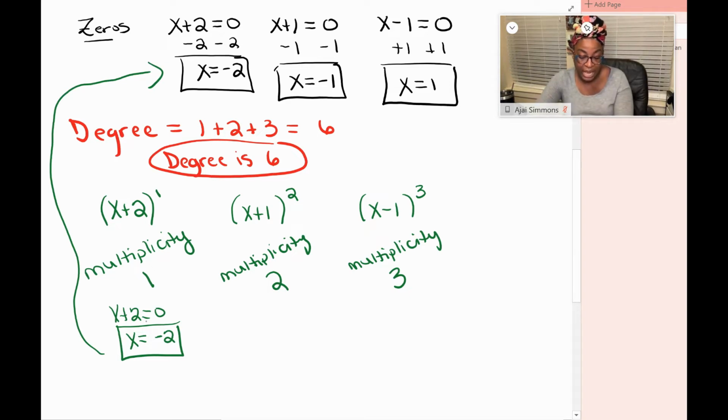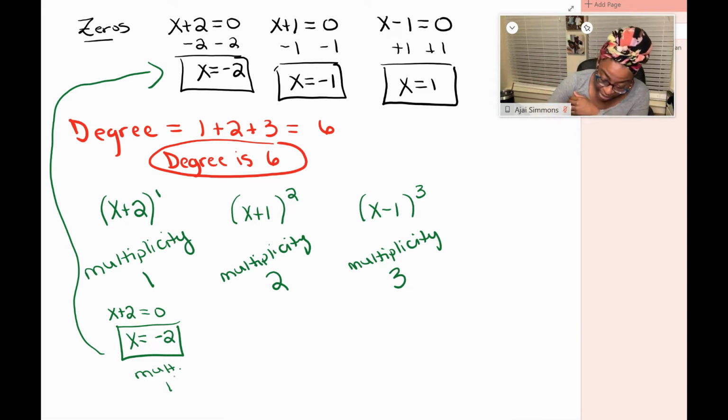Let me rewrite this x, because I hate the way I wrote it. If I set x plus 2 equal to 0, I got x is equal to negative 2. It's saying that the multiplicity is going to be 1 at x equals negative 2. If it is an odd multiplicity, like 1 is an odd number, it's saying that your graph is going to go through that number.